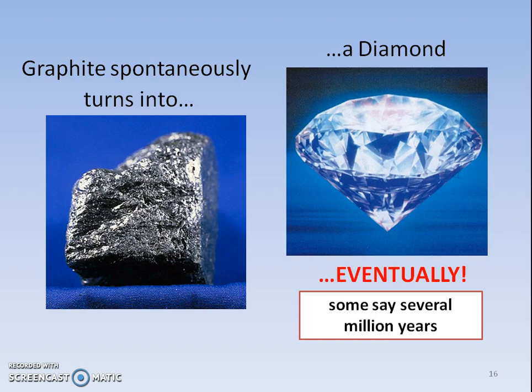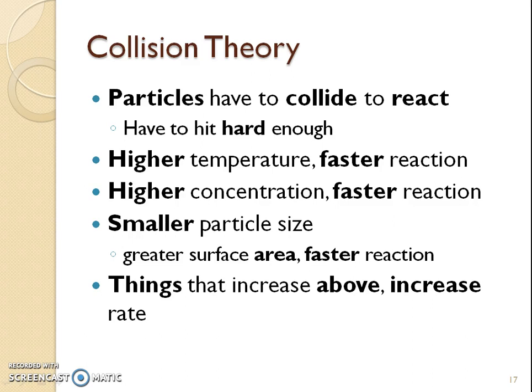However, again, chemists don't like that, right? They're more analytical, so they like to put a number associated with it, right? We want to know exactly how slow or exactly how fast. We want to know the rate of reaction. So the collision theory is about how fast the collisions are happening. Remember that a collision just means the reactants hitting each other at the correct orientation in order to produce those products.